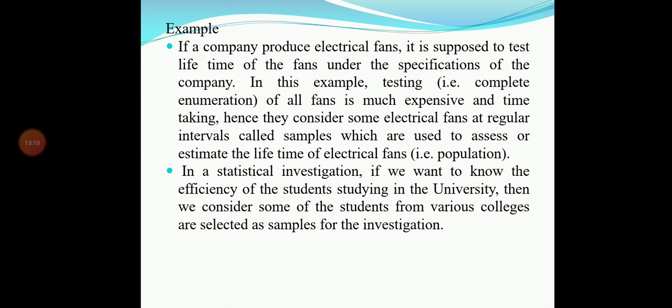Regarding the efficiency of the students, we collect the measures and analyze them. Using these measures, we assess the population characteristic, that is the efficiency of the total number of students studying in the university. Such a procedure is known as sampling. So this is another example of sampling.